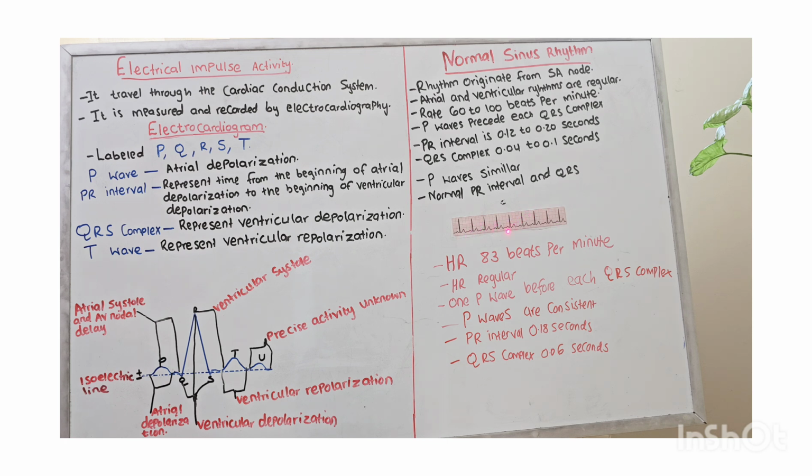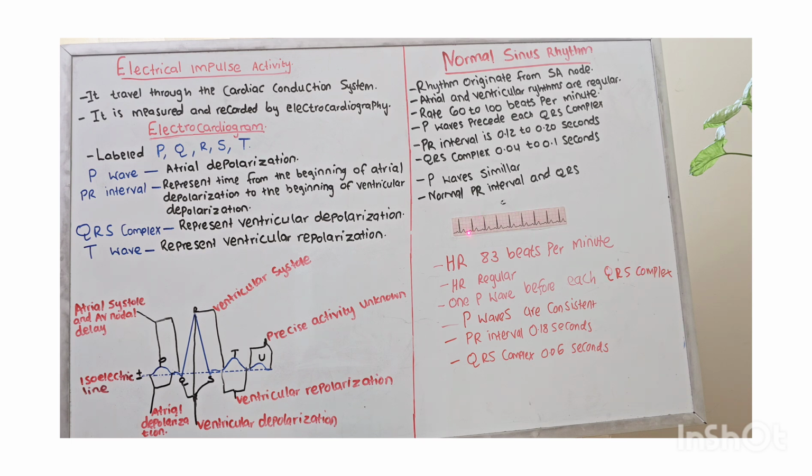In this image, heart rate is 83 beats per minute, and heart rate is regular. Since you see these are equal, it's not irregular, so they are equal, which is regular. One P wave before each QRS complex.